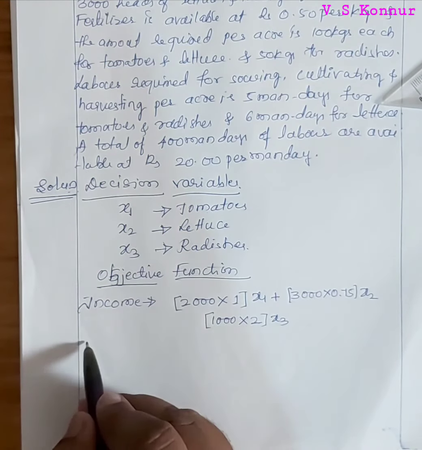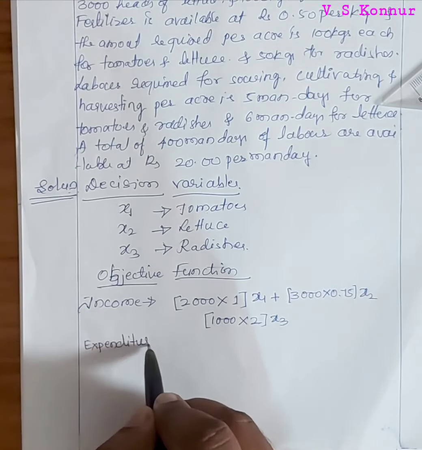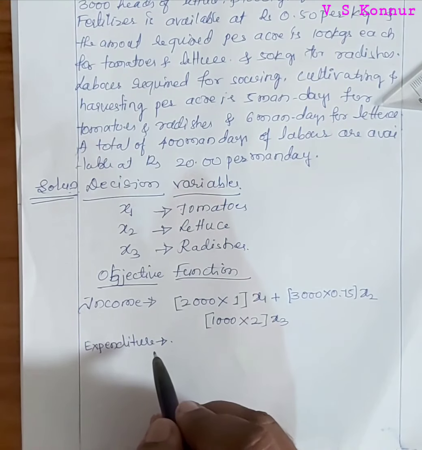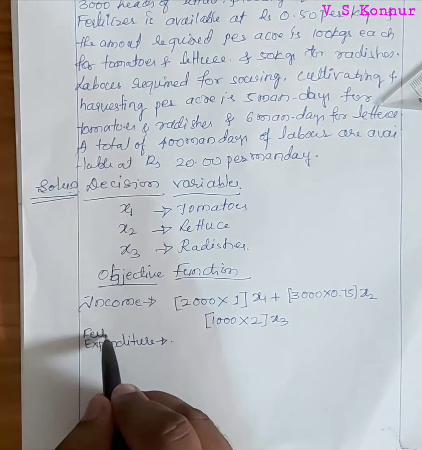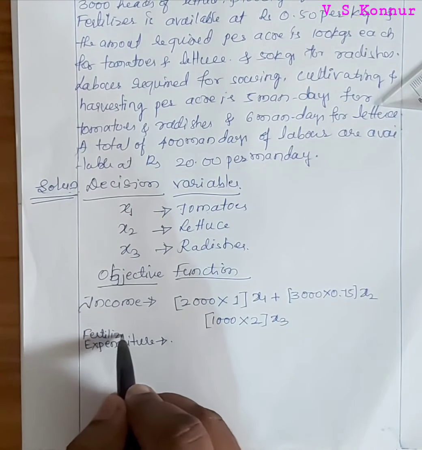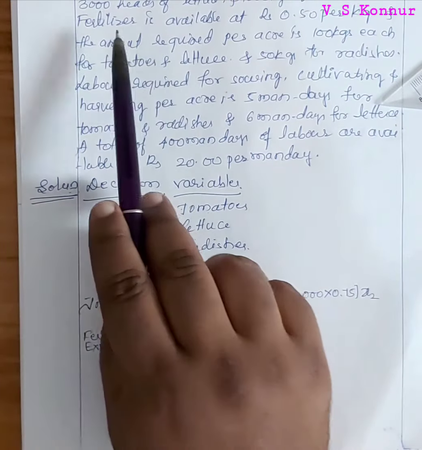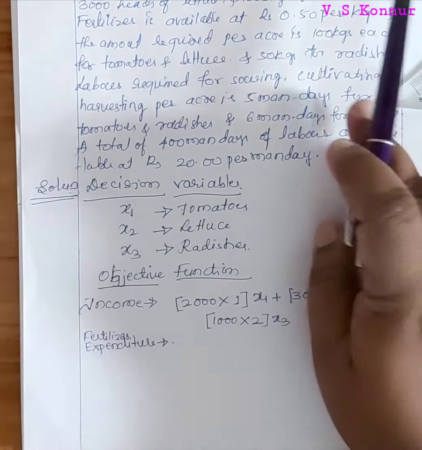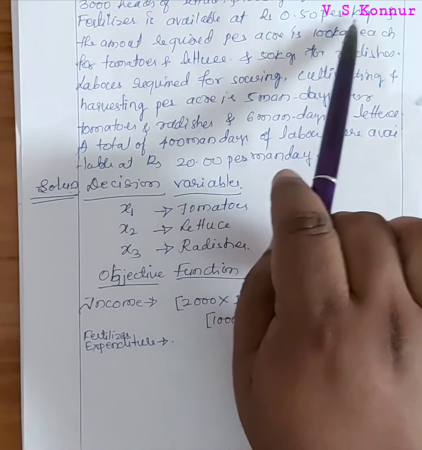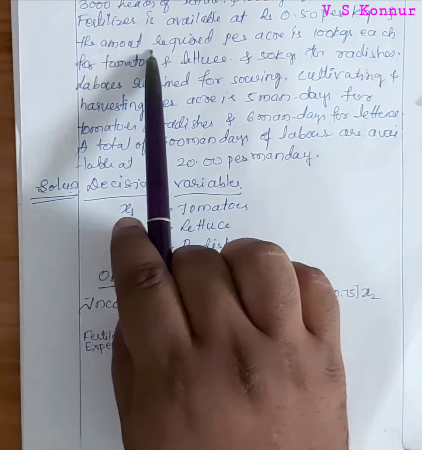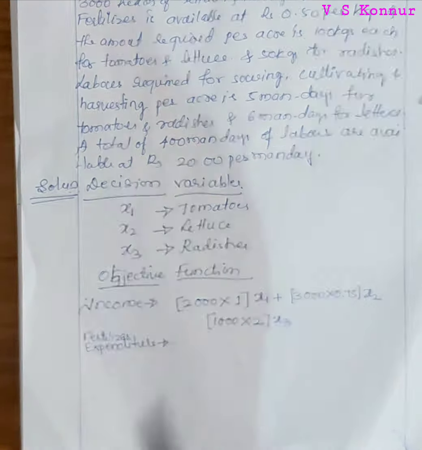Then we will write the expenditure. There are two expenditures. First, fertilizer expenditure. In the problem it is given that fertilizer is available at rupees 0.50 per kg, and the amount required per acre is 100 kgs for each of tomatoes and lettuce.